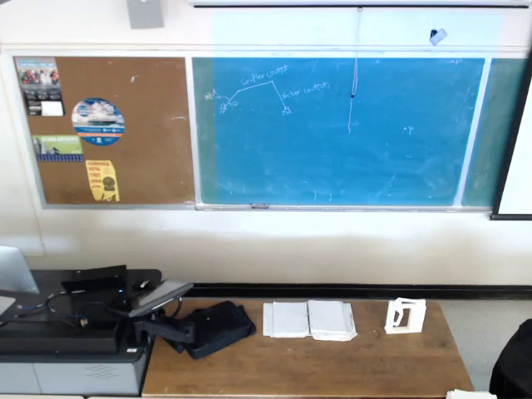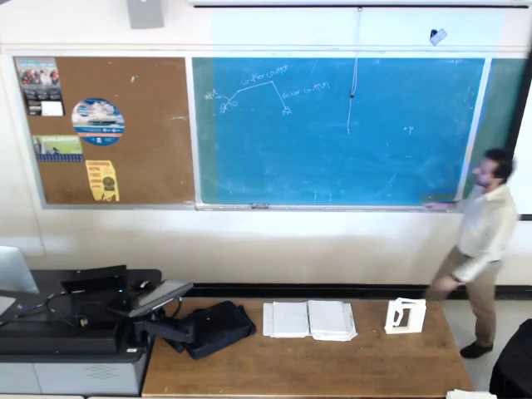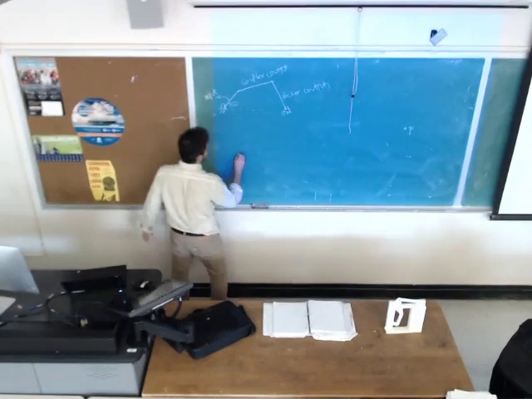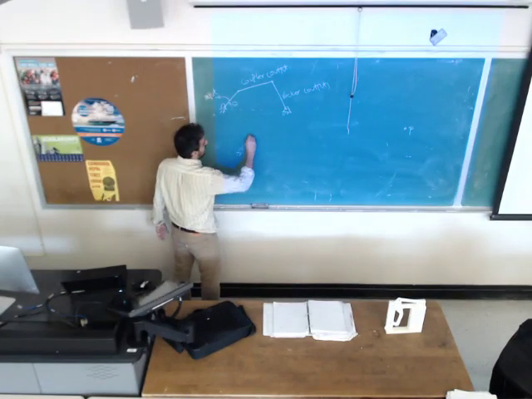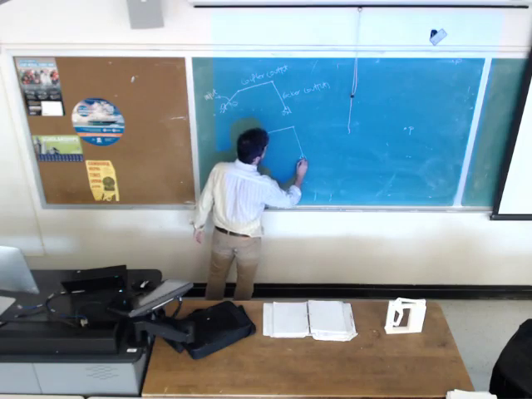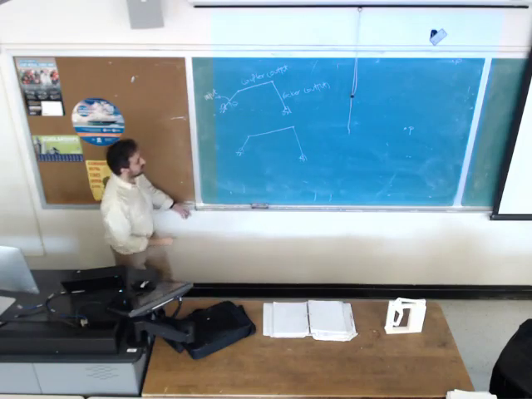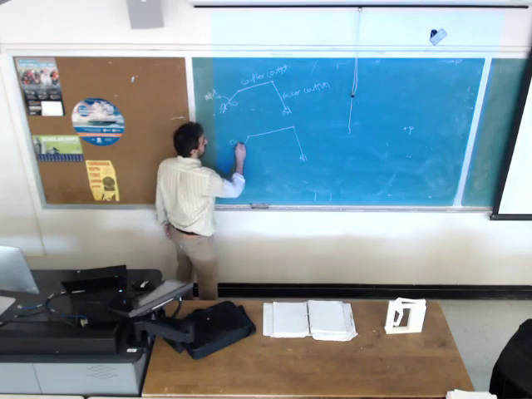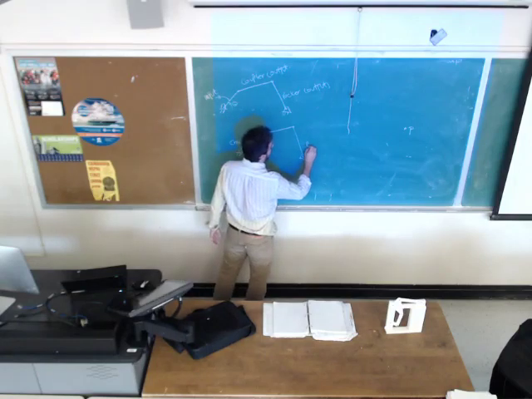I will talk about equal time forward and backward, but it says it should be crank rocker. So this is the crank, this is the rocker.